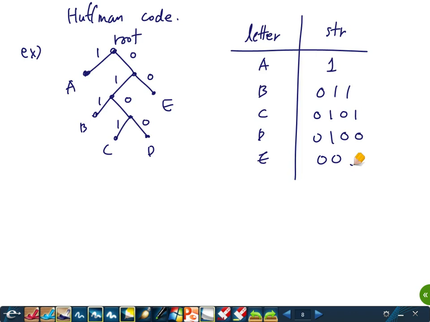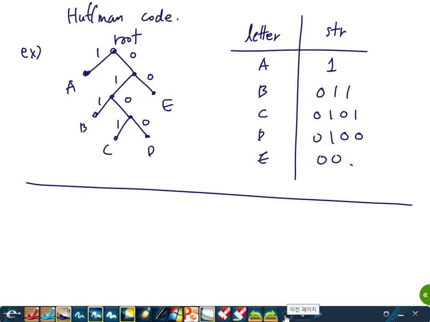Optimal means we assign a string of smaller length to a letter with a large frequency. Okay. Let me explain that algorithm again on the previous page.